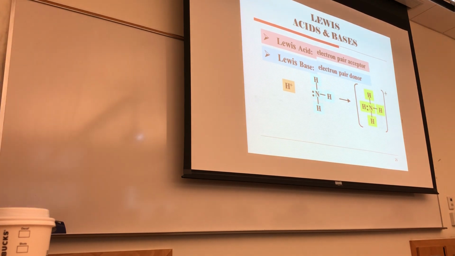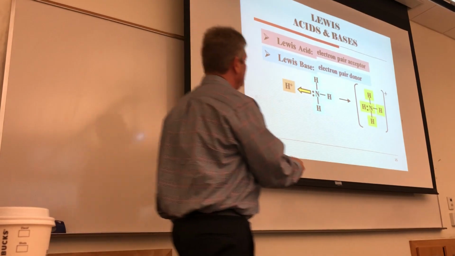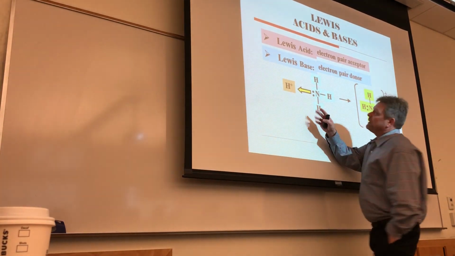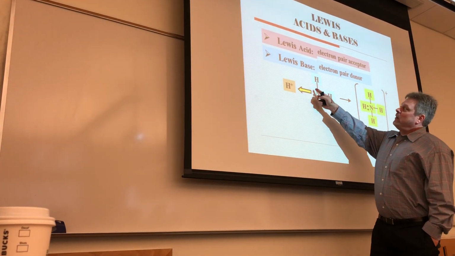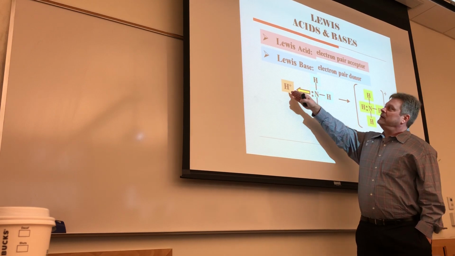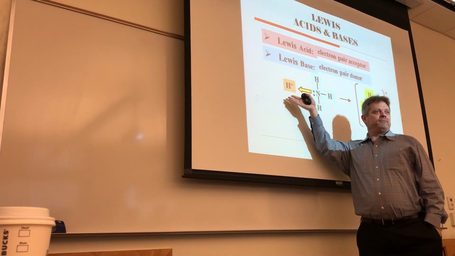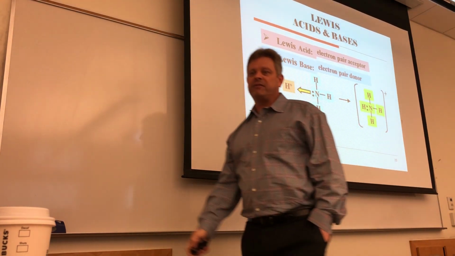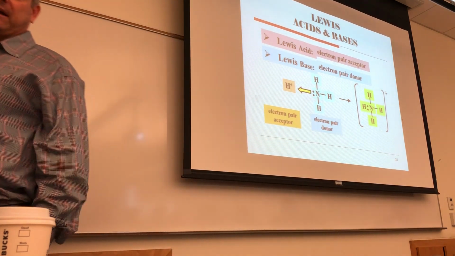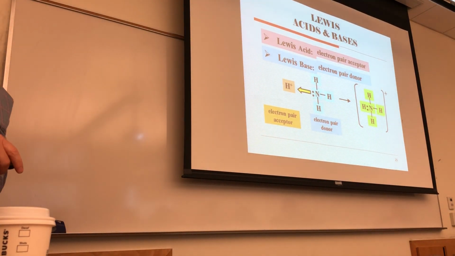Okay. So this is the same, like I said, this looks very much like the Brønsted-Lowry process. However, I'm using it now in the context of electron donor and electron acceptor. So this is the Lewis definition, just put in context of what you saw prior with Brønsted-Lowry.